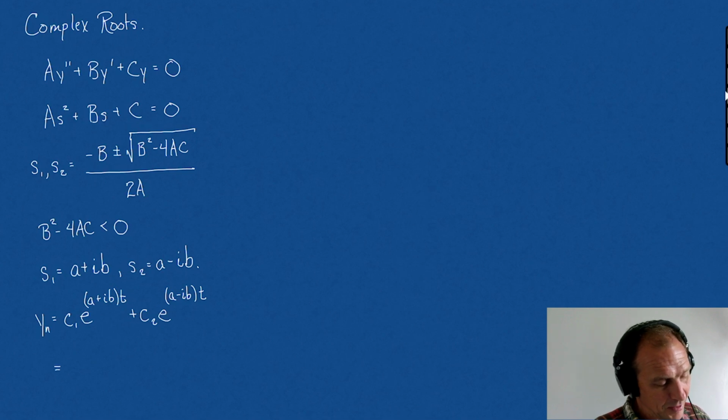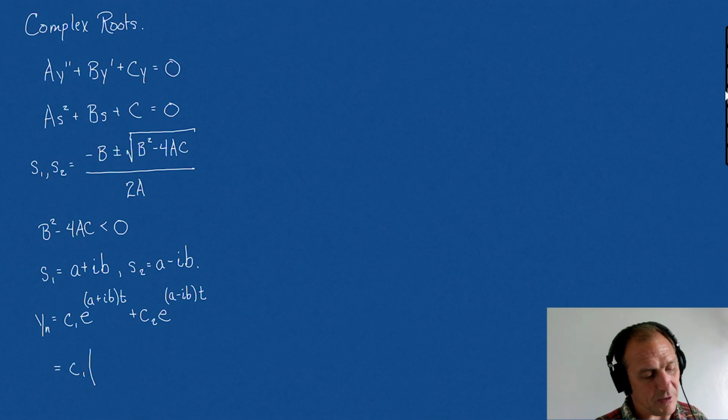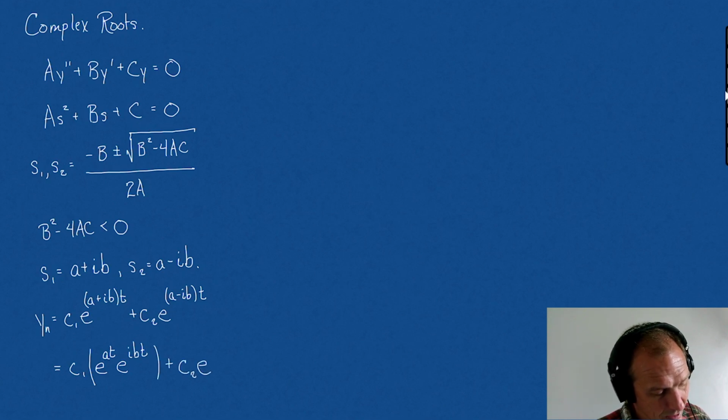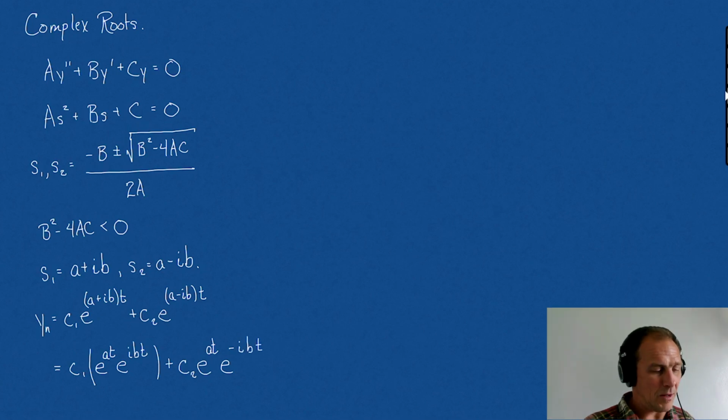So this becomes c1 times e^(at) times e^(ibt), plus c2 times e^(at) times e^(-ibt). Well, we can expand these out. So I'm going to factor out an e^(at).